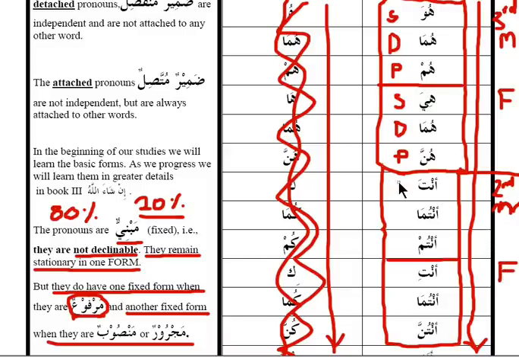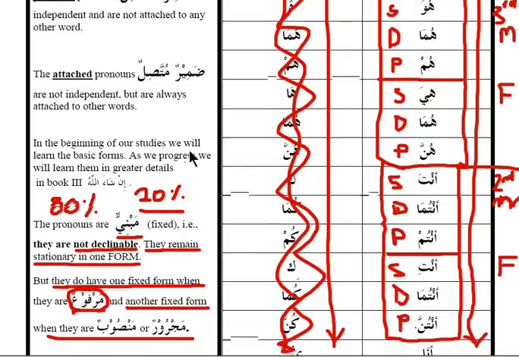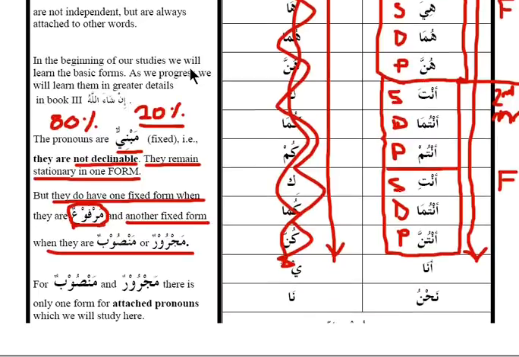And similarly, that's singular, dual, and plural. Singular, dual, plural. Let's move this up to do the rest. Now the last 2 are first person.